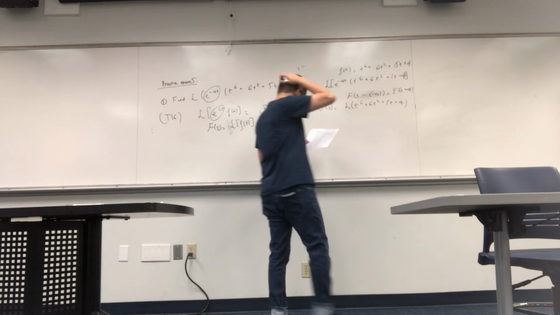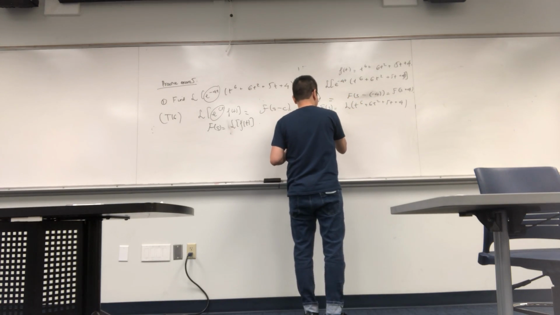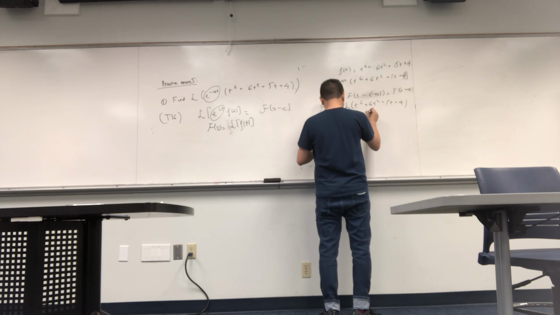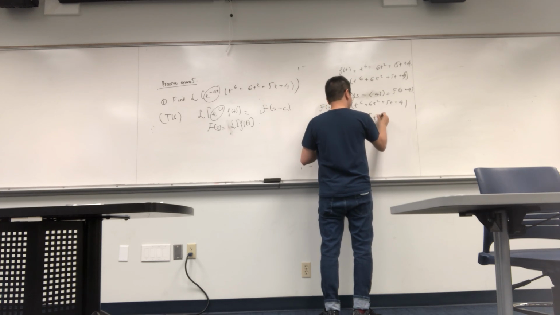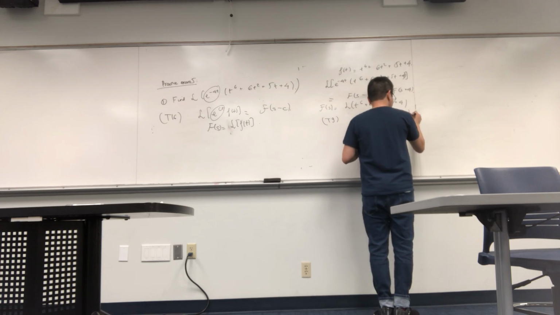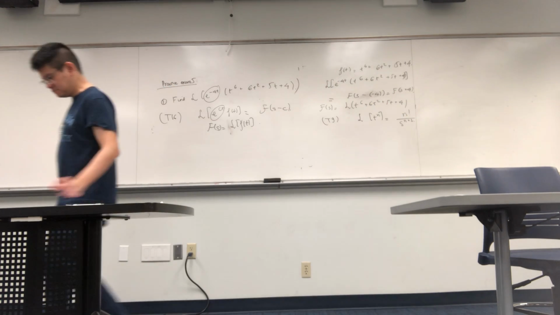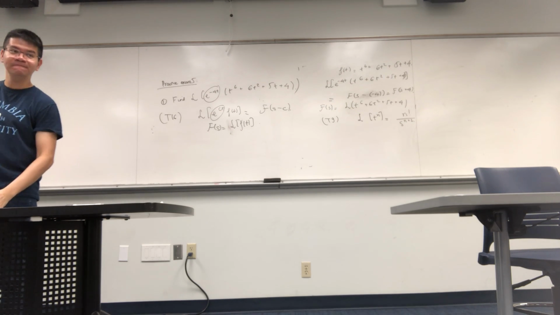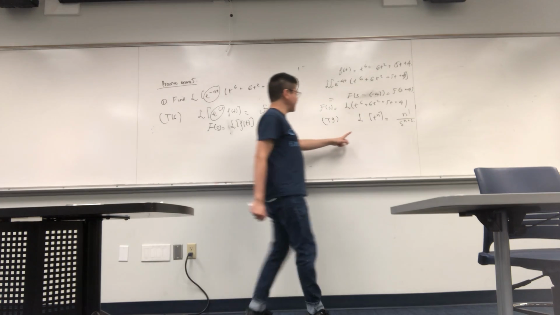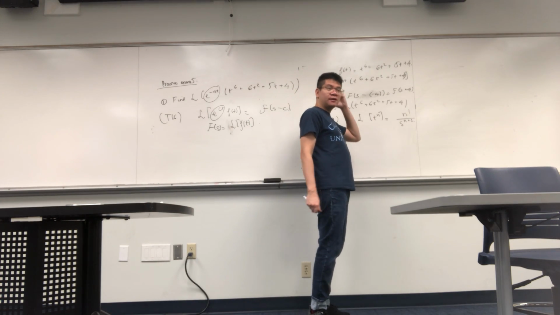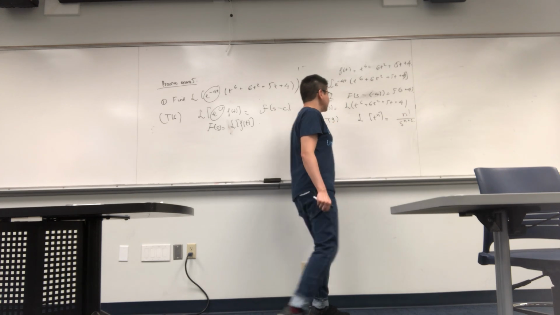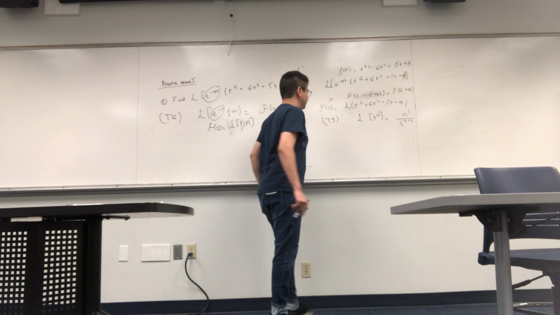So the formula that you use is T9. T9 says that the Laplace transform of t to the n is n factorial over s to the n plus 1, and I can apply this here, right?